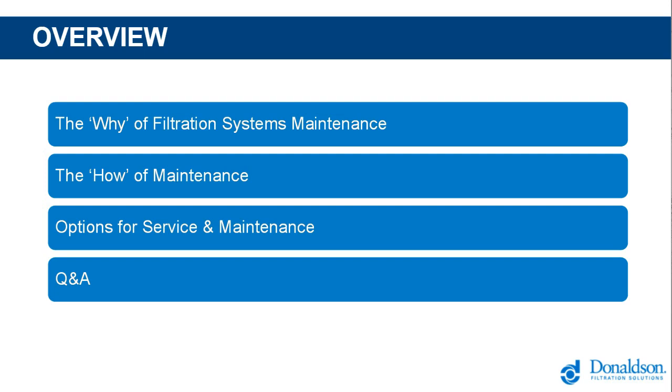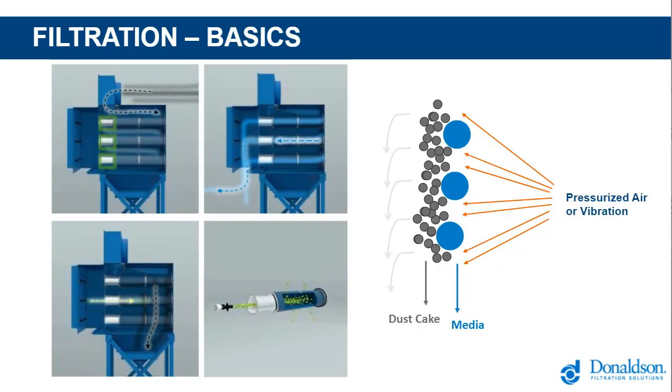But before we talk about the topic of today's presentation, I'd like to share a couple of words about the basics of filtration. What we have displayed on this slide is a simple cartridge dust collector. The top part on the left side shows you how the air flows through the system. On one side, you have the dirty air extraction from the environment.